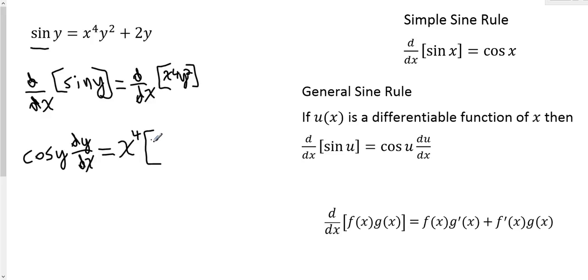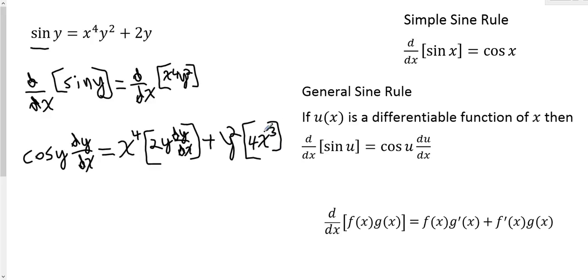That gives me 2 times y to the first multiplied by the derivative of y with respect to x, because I have to use the chain rule. And then plus the second function, y squared, times the derivative of the first, the derivative of x to the fourth. In that case, I can use the simple power rule to get 4x to the third power.